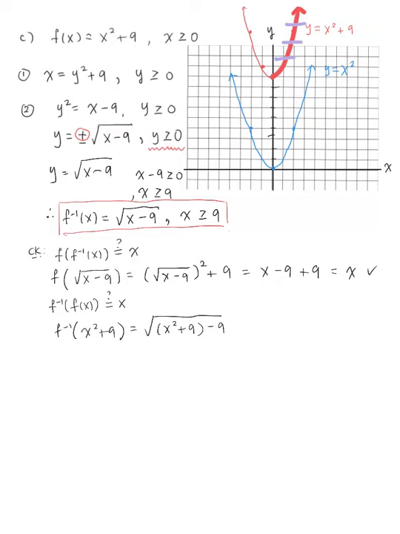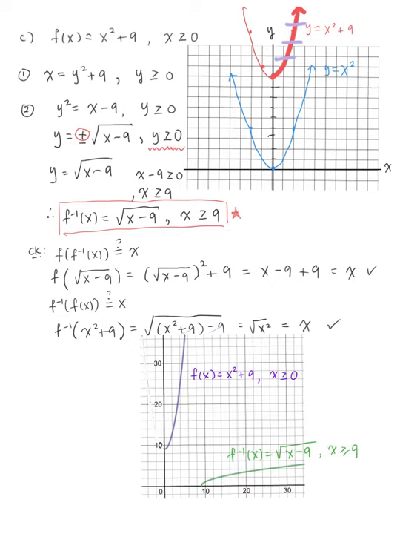Okay, so then I can cancel out the 9's to get square root of x squared. So in this case, we're only taking the positive side, so this is going to become x. So we're good to go. Therefore, f inverse of x is square root of x minus 9 such that x must be greater or equal to 9. All right, let's just look at this graphically.